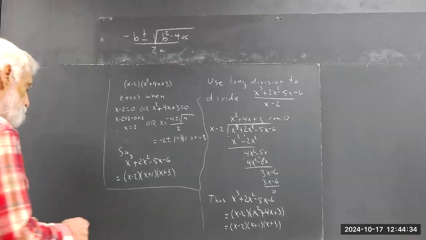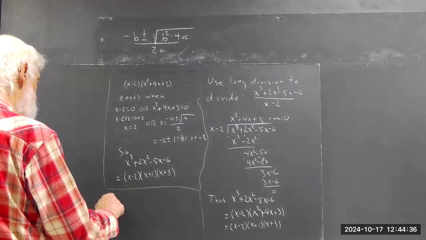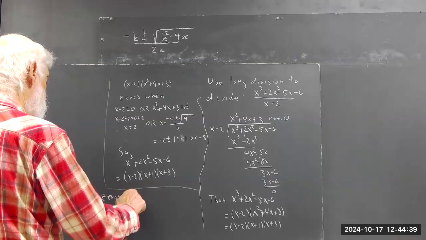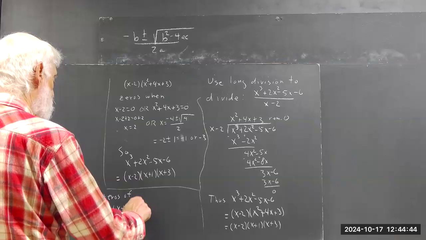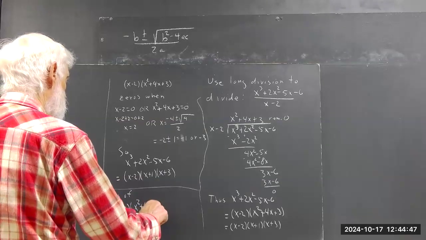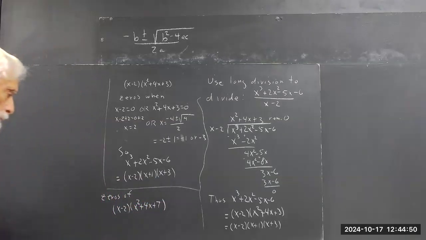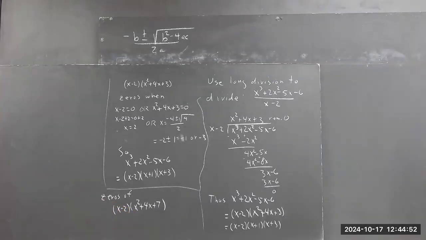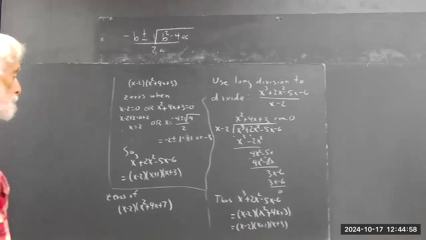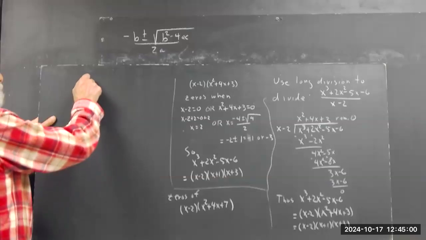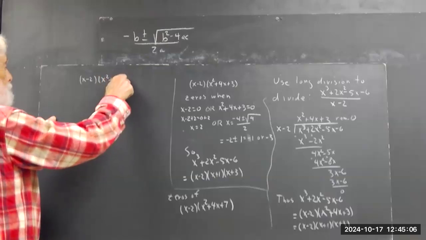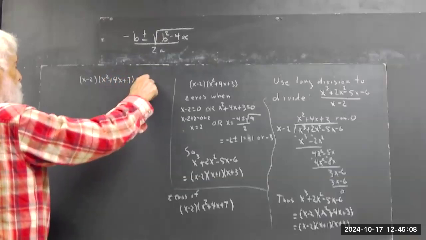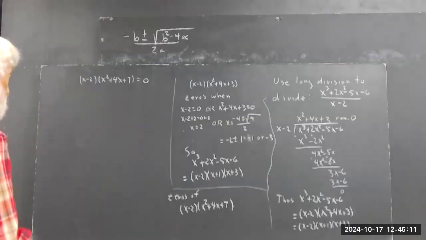What if I find the zeros of x minus 2 times x squared plus 4x plus 7? Well, this equals 0.